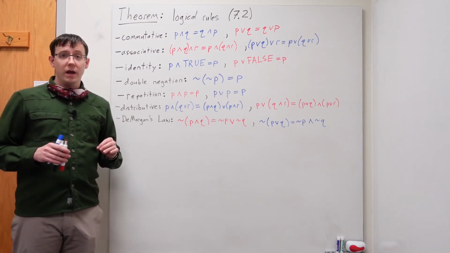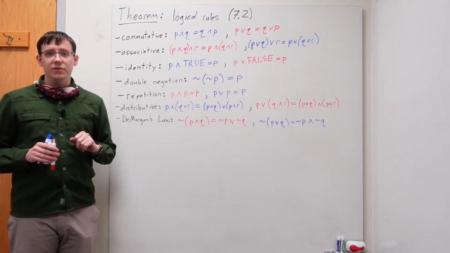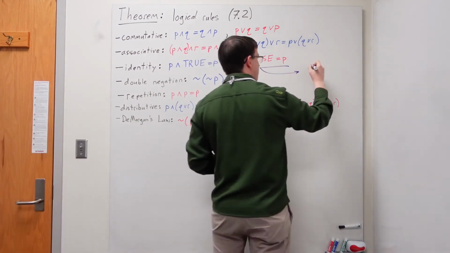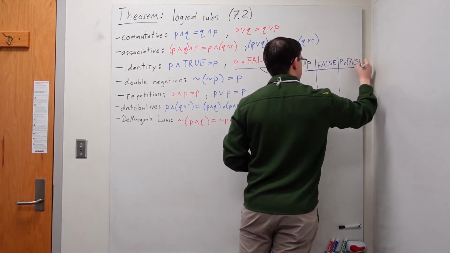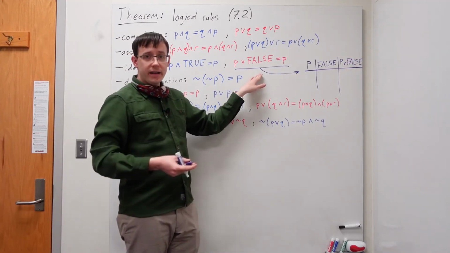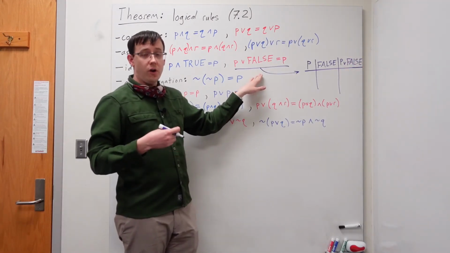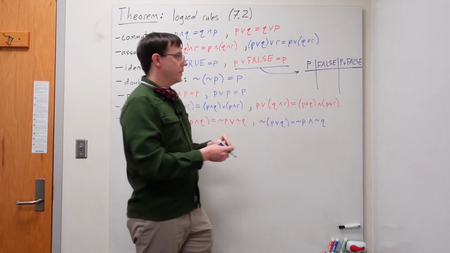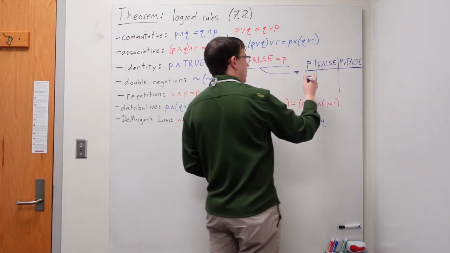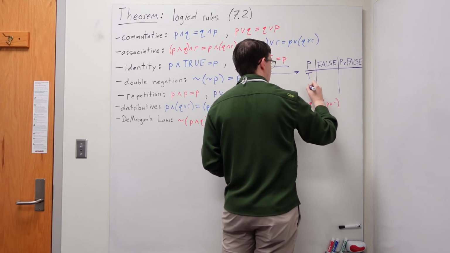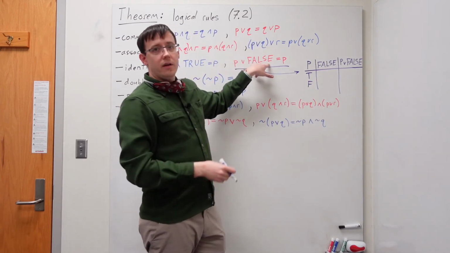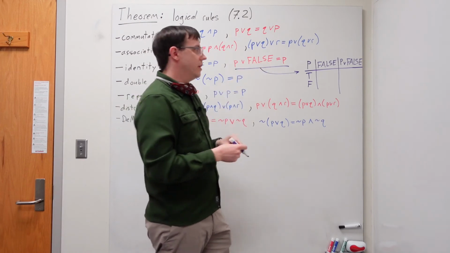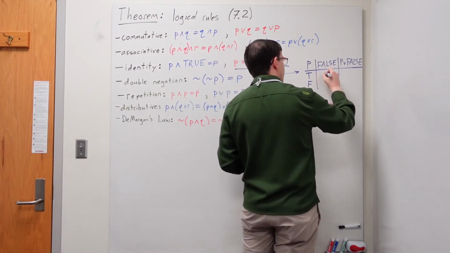So let's take a look at just a couple of examples. To prove this identity rule, we can construct a two-row truth table because there's only one variable, which can be true or false. And the expression false is always false.